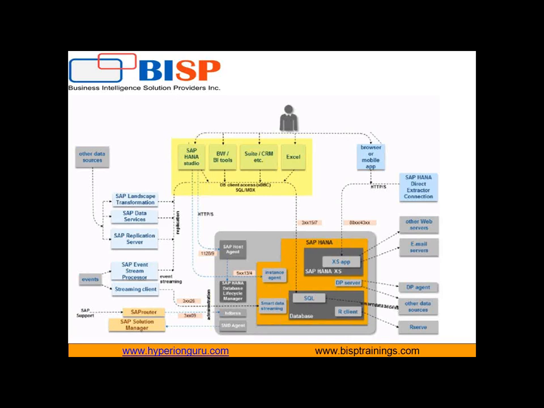So in that way, we can even satisfy the existing customers. That is the reason most of the time they bifurcated the activities and the concept of having HANA as a database and HANA as a modeling tool, in this way like BW on HANA and HANA as a sidecar.